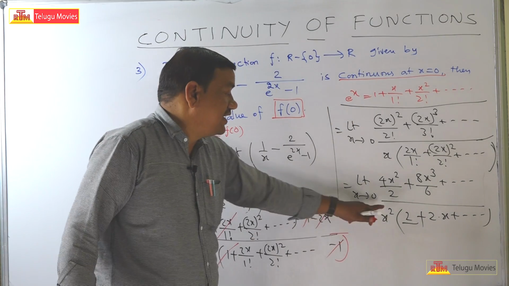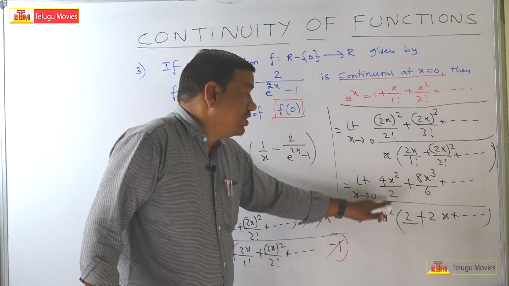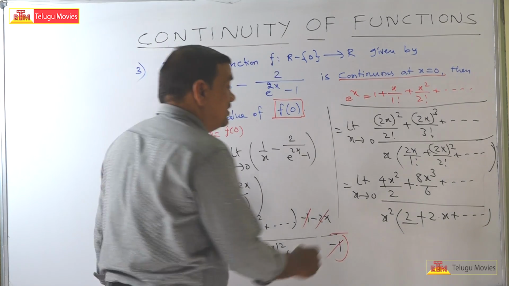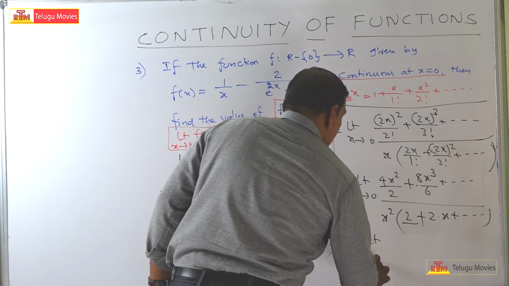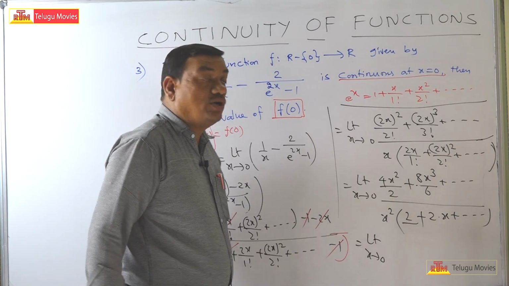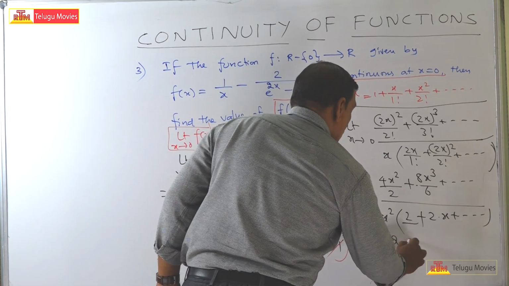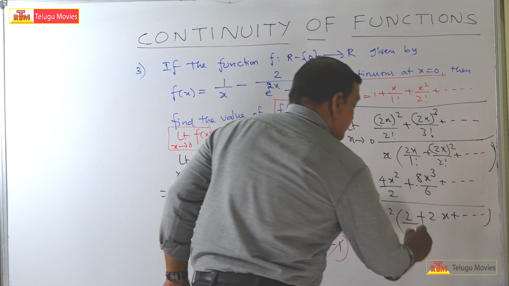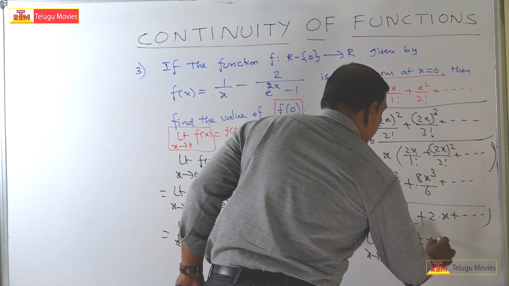This x square is there, so divide each term by it. Then limit x tends to 0, x square will cancel. Numerator: 4 by 2 is 2, plus 8 by 6, that means 4 by 3 into x, plus so on.